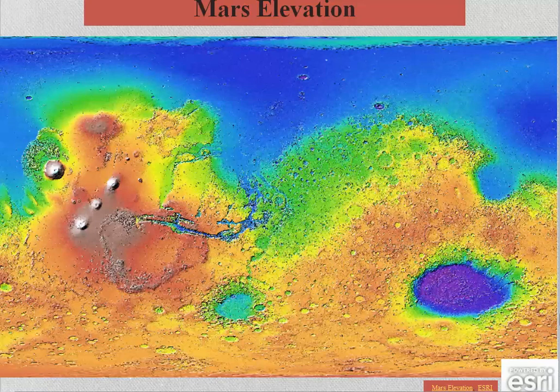Now, how far can you go with GIS data? Well, you can go off planet too. Welcome to Mars, everybody. NASA has done a wonderful job of gathering information about Mars, but also other celestial bodies, and that data is available to the general public. As a matter of fact, in one of my other classes, we decided we wanted to terraform Mars. We took the NASA data and we flooded Mars, and we did a little bit of this and a little bit of that.